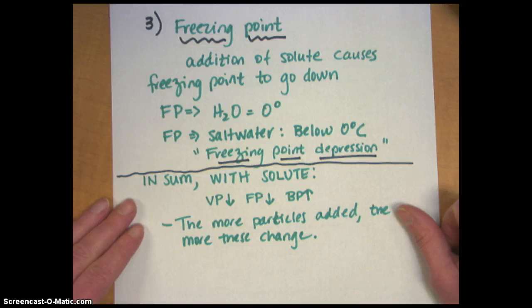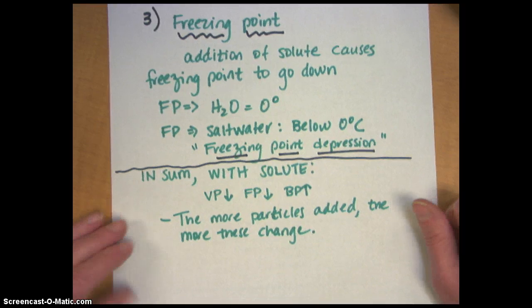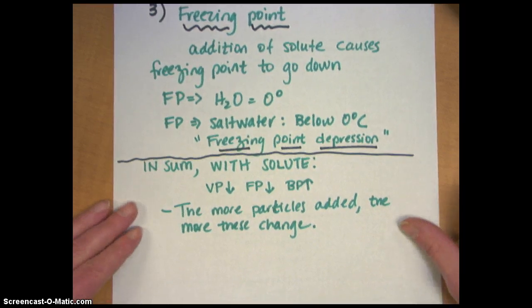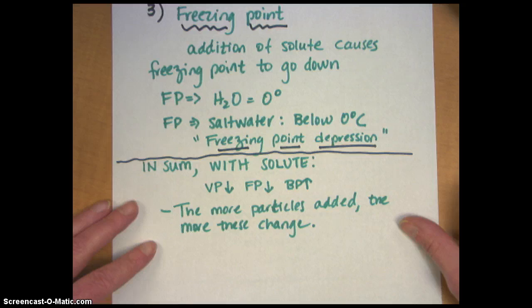In salt water, the salt actually blocks the hydrogen bonds between the water molecules, and it needs to freeze at a lower temperature, and that's called freezing point depression. So in sum, with solutes, you have a lowering of vapor pressure, lowering of freezing point, and boiling point elevation.